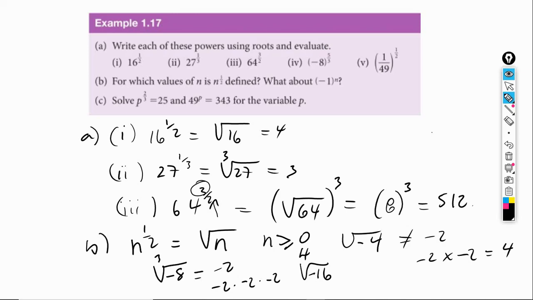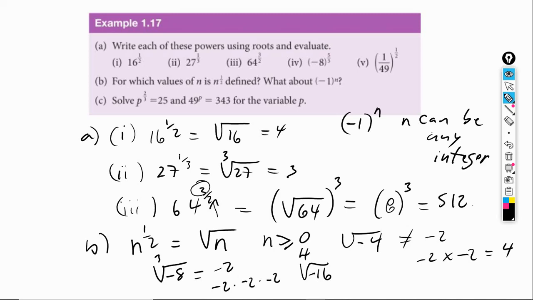Then they say in the other part, what about -1 to the power of n? So I'm going to do that over here. So if we have -1 to the power of n, n can be any integer, right?